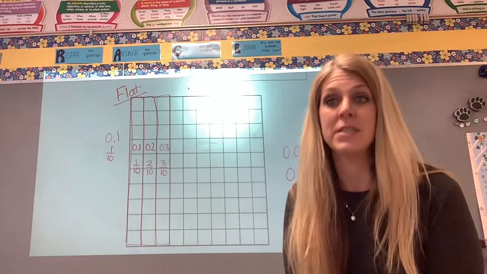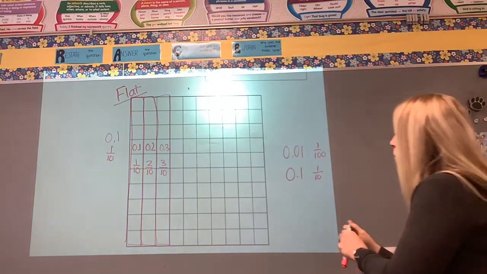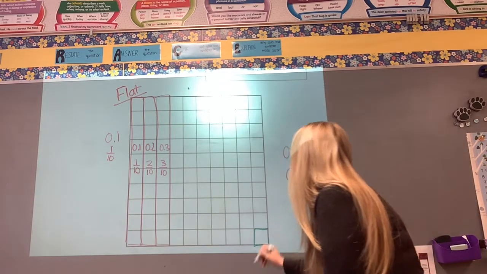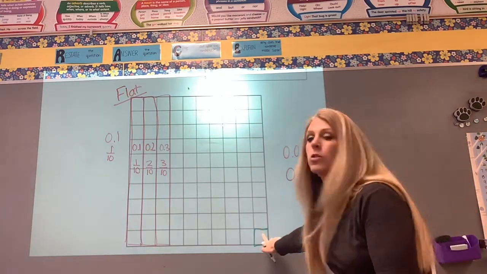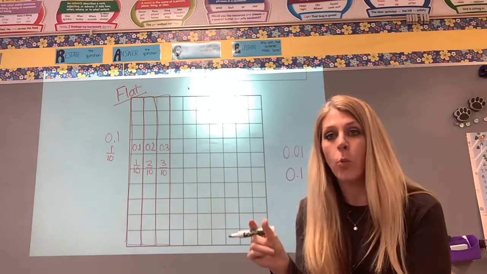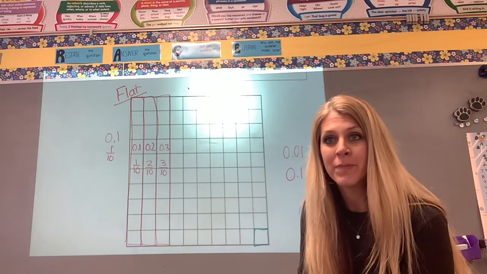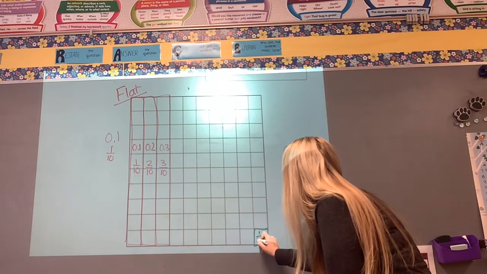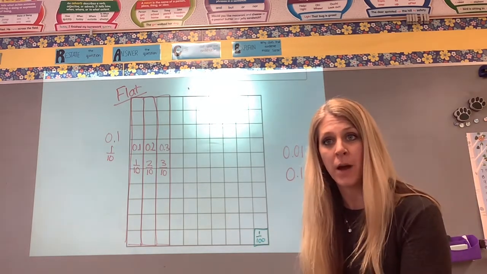We could do the same thing with counting the individuals. We called these units, the cubes, when we were first counting out numbers, we would call those 1 cube or 1 unit. So on our flat, how many little ones would it take to fill up the whole flat? Hopefully you said 100. So I could call this one that I colored in over here 1/100th of my flat.